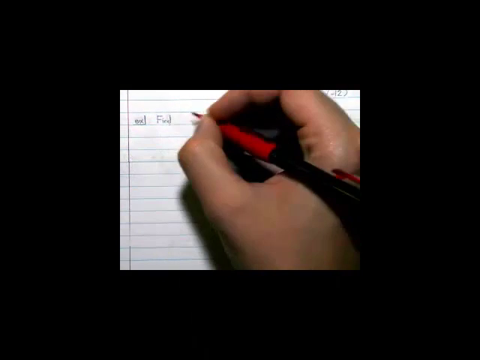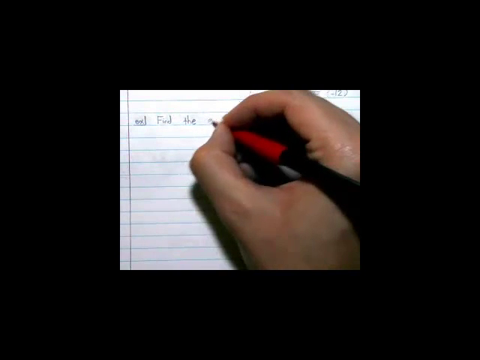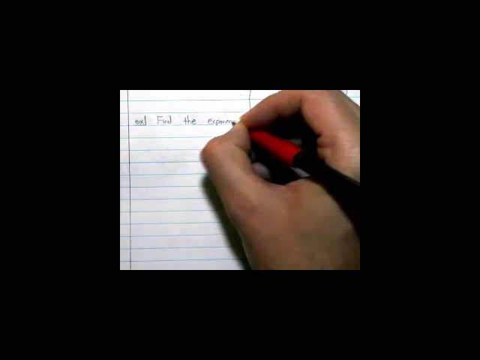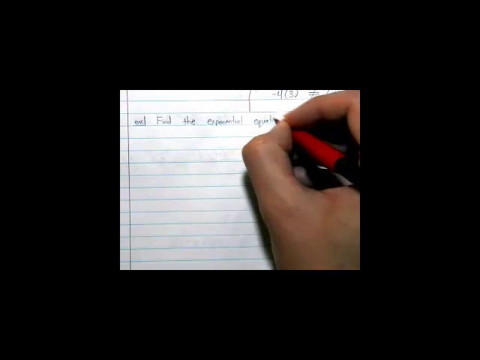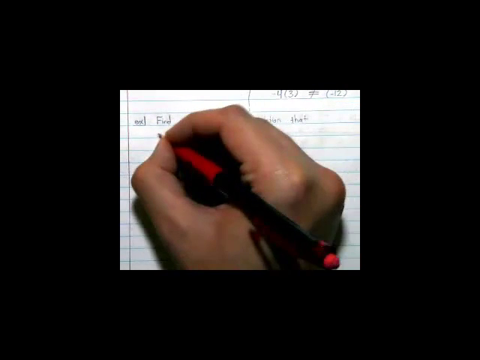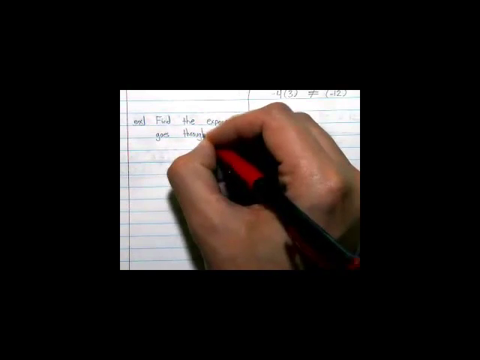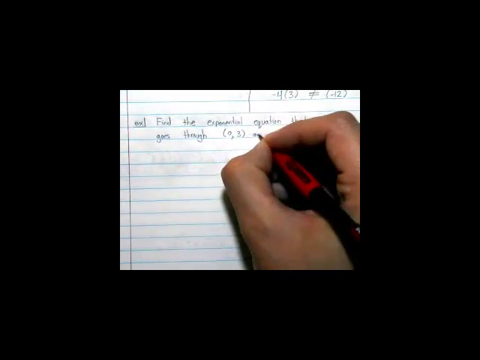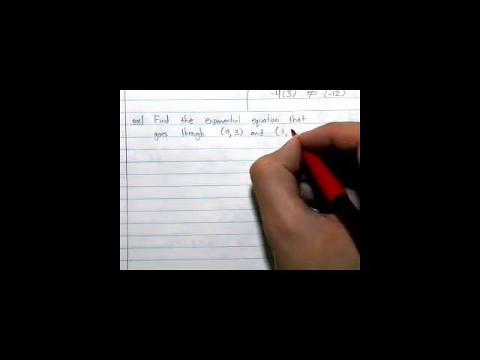Let's find the exponential equation that goes through 0, 3, and 1, 12.